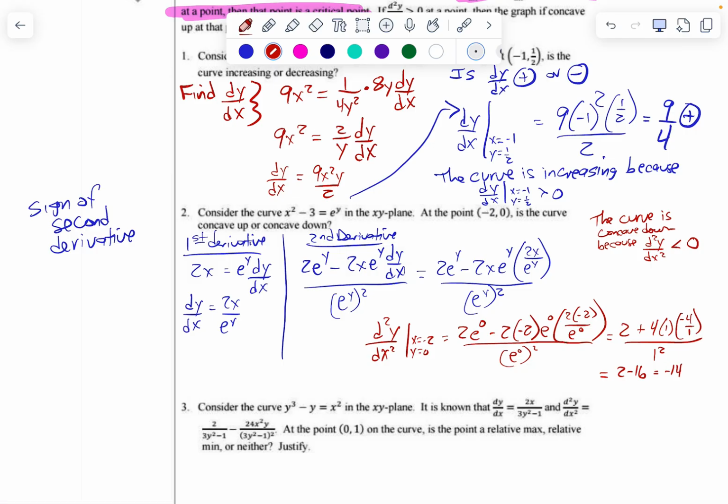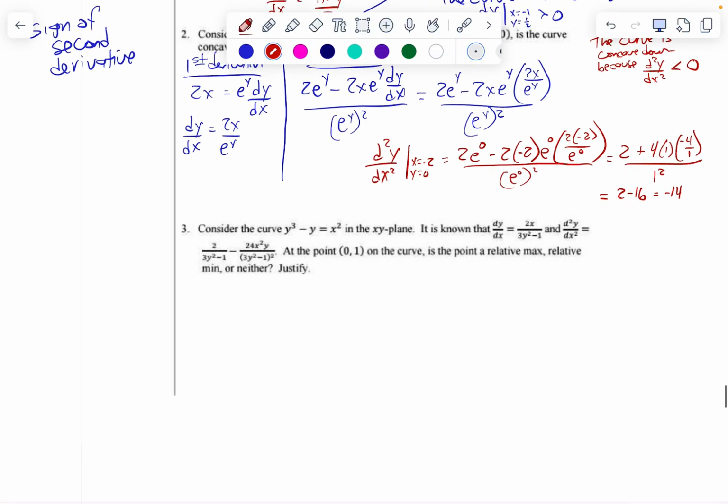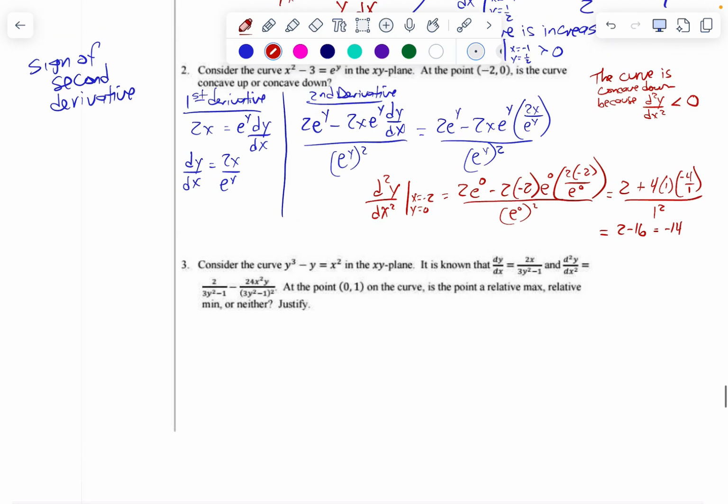That's for combining concavity with the max or min. So just determining concavity, we can only look at the second derivative. But the last question at the bottom asks, is it a max, min, or neither? Now we've got to combine the first derivative being 0 and the second derivative's concavity. So second derivative test would be my suggestion.